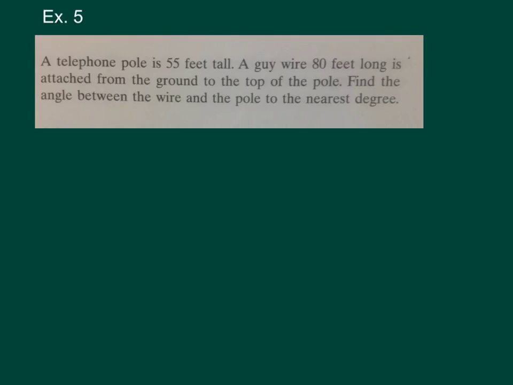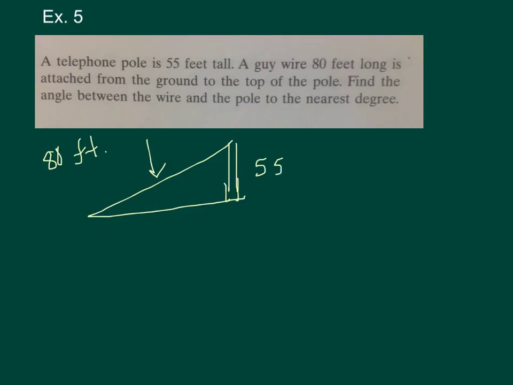Last example. Example 5. A telephone pole is 55 feet tall. A guy wire, this is the guy wire, is 80 feet long. Find the angle between the wire and the pole to the nearest degree. So they want this angle right here, which is theta.